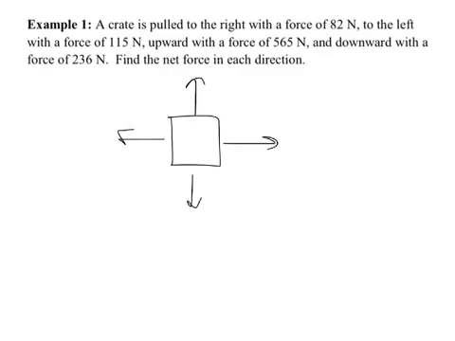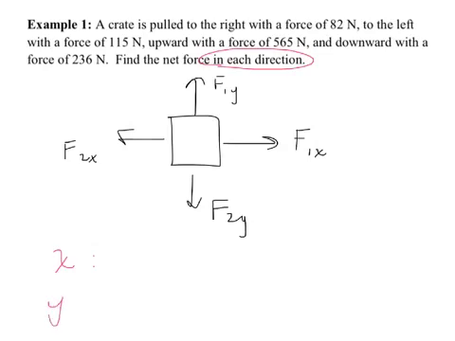We could also label them with directional labels, so we could say that this is like F1x, this is F2x, this is F1y, this is F2y. Now, if we're going to be looking at the net force in each direction, we have to analyze each direction. So we have to take a look at the net force in the x direction first.